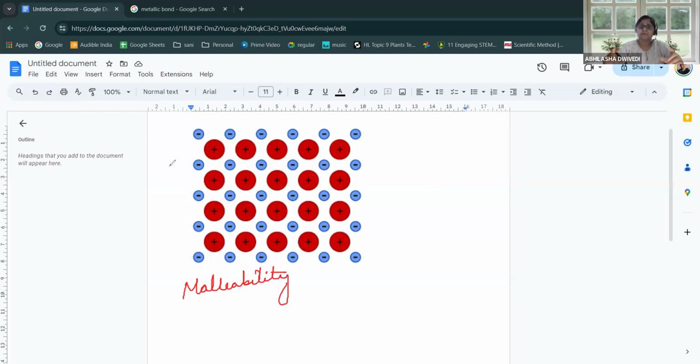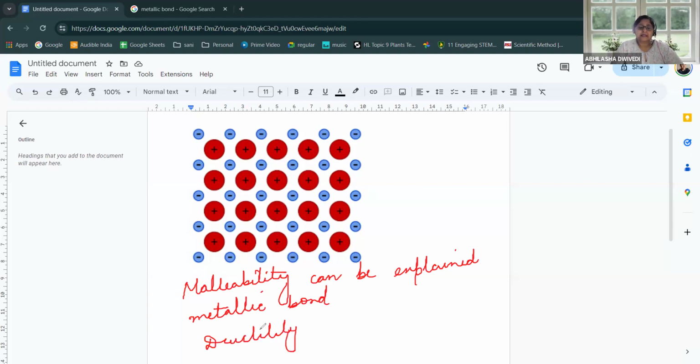It is still neutral. They are not really cations, but when we observe them closely, it is the cation and the outermost electron. So malleability can be explained by metallic bond. And if we are able to explain malleability, can we explain ductility? Yes, we can.